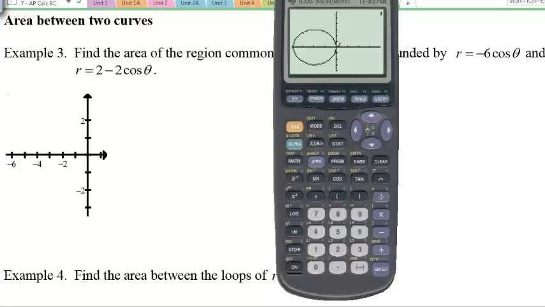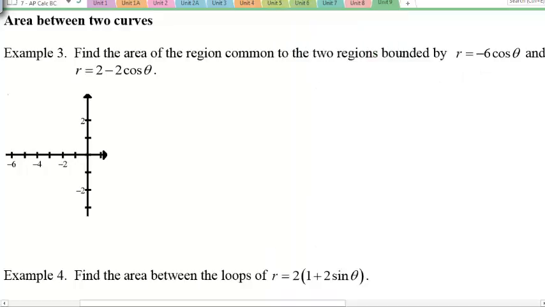And here is 2 minus 2 cos theta. Okay, so notice how negative 6 cos theta was created. I'll use that in the blue. It started here at negative 6, and then it went all the way around. Came out to here. Not a very good picture, but let's try again.